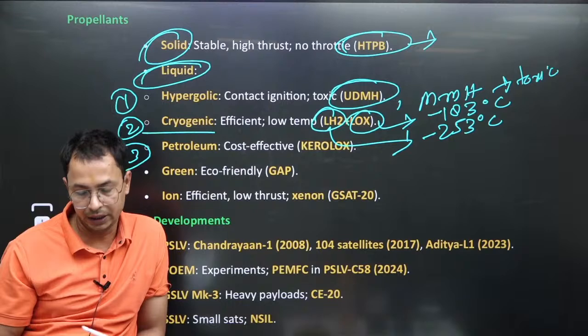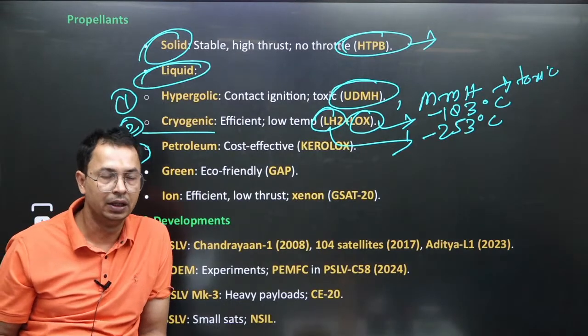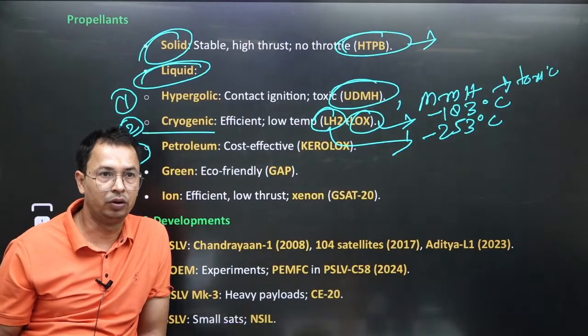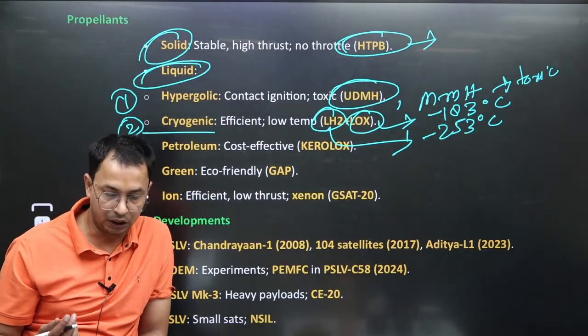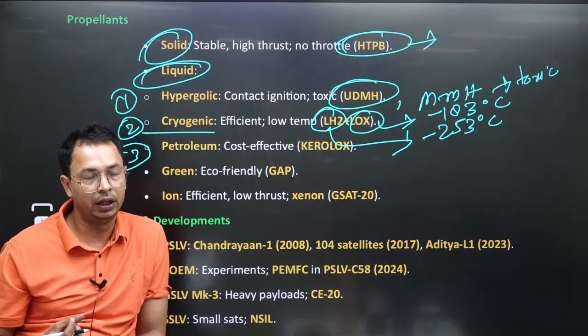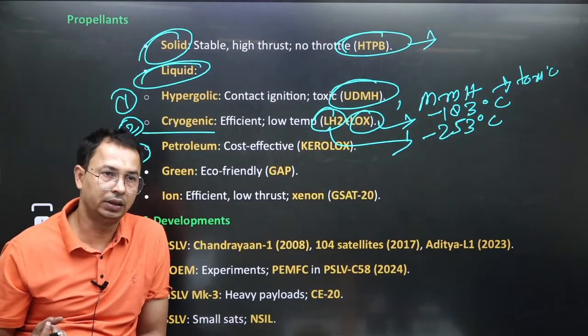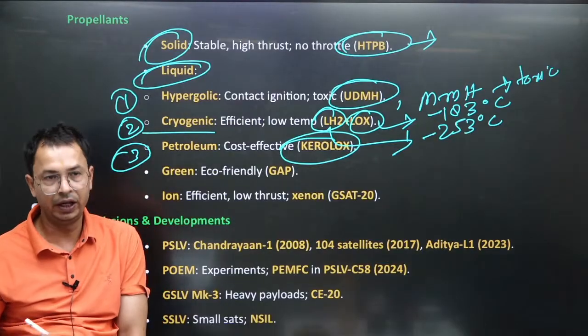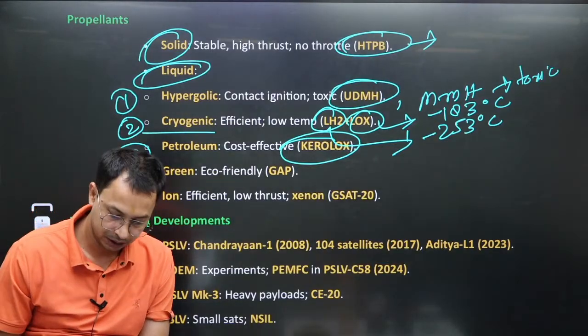So, here we will handle the fuel at very low temperature. Then we have the petroleum fuel. Here we will use kerosene as the fuel and liquid oxygen as the oxidizer. This is also called kerolox, or ISRO has named this kerosene as ISROcene.